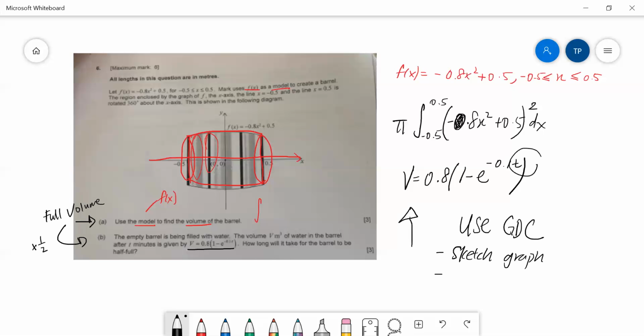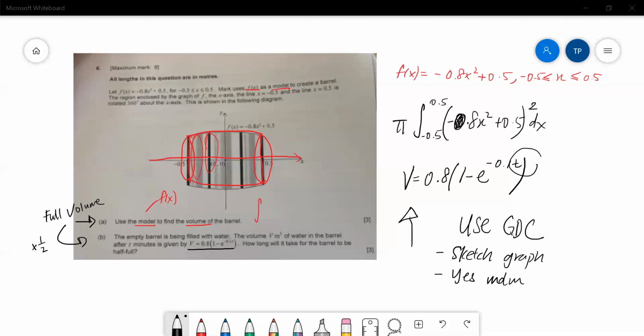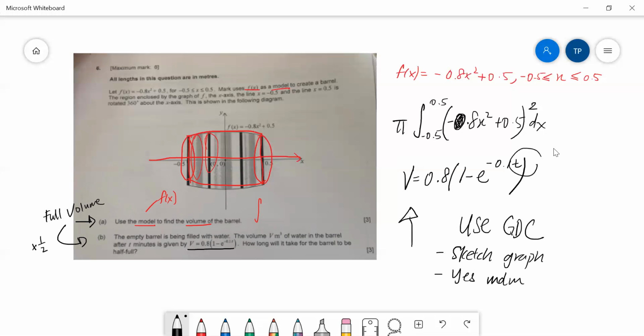Oh, so you just sketched a graph. All good? Oh my god, I just cancelled everything.